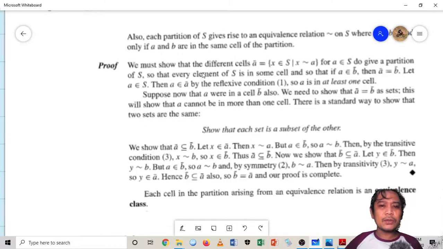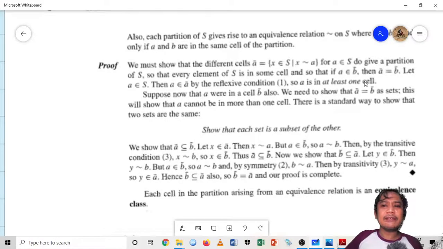We must show that the different cells A bar, with that definition stated earlier for an element A in S, do indeed give a partition. If we would go back to the definition of partition, it is said that a partition should have non-empty subsets of S wherein each element of the set S would be contained in exactly one of the cells.